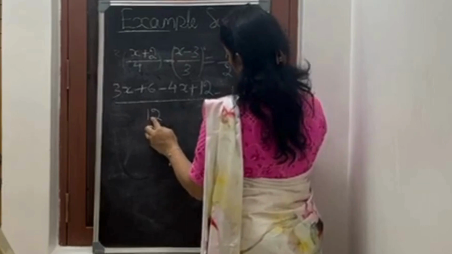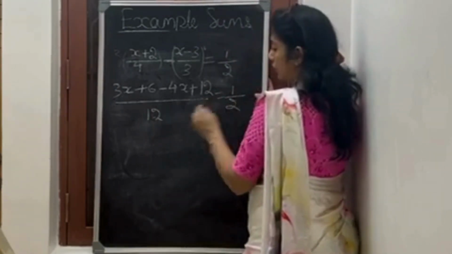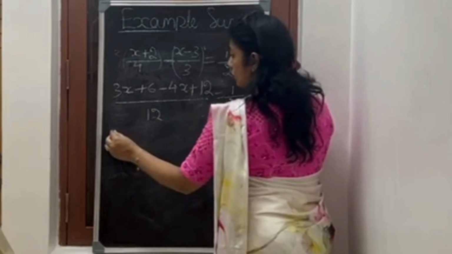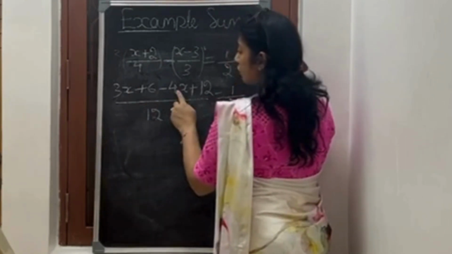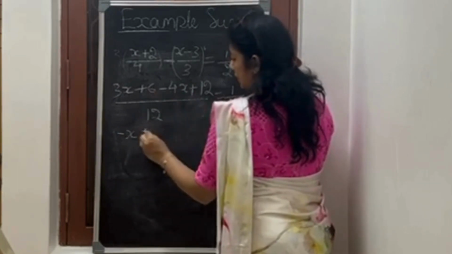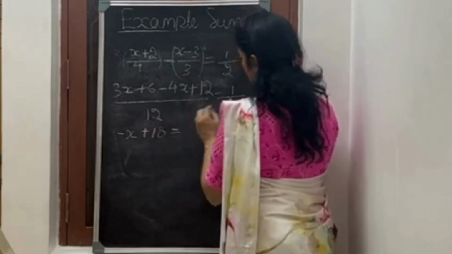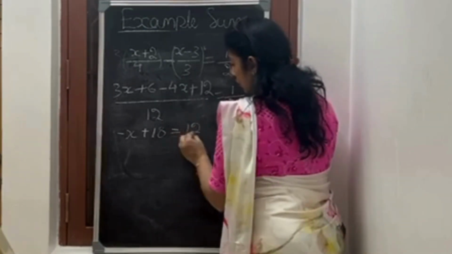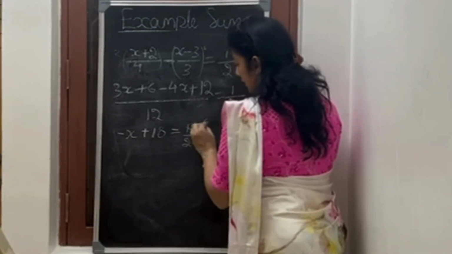Then what I have to do, I can take this half to the other side, 12 to the other side. It will become multiplication. So it will be 3x minus 4x is how much? Minus x plus 18 equals to 12 by 2, which is nothing but 6.